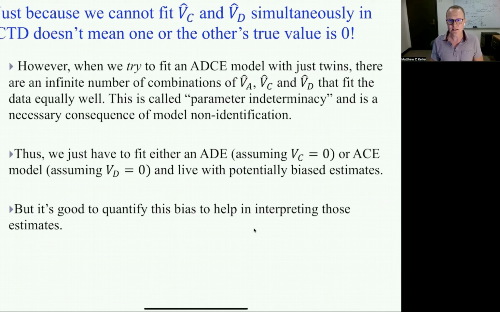You can think of this visually, this issue of parameter indeterminacy and non-identification. If you think about a likelihood surface, and we're trying to maximize a likelihood surface, in an identified model, the set of parameters that maximize a likelihood are at the top of a likelihood hill. That would be in 3 dimensions, 2 dimensions of parameters and 1 being the likelihood. But here, obviously, we've got more than just 2 dimensions.